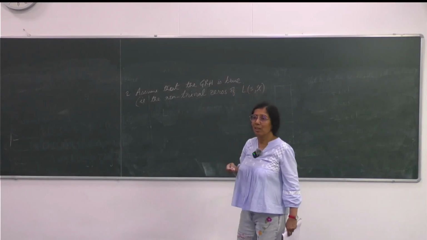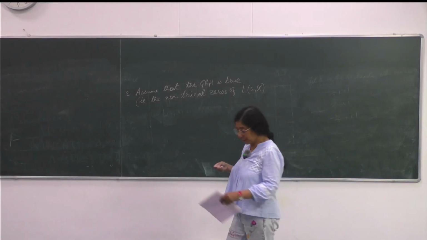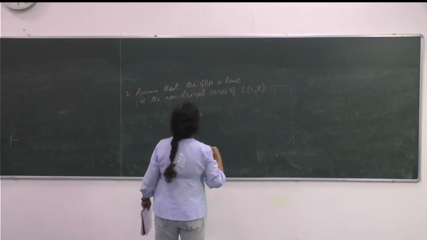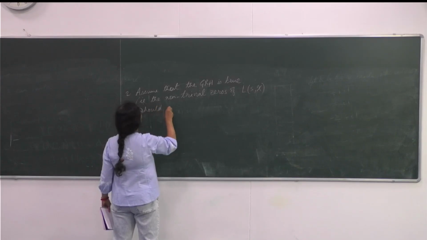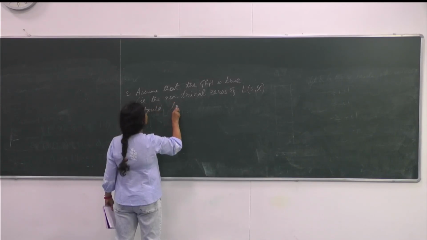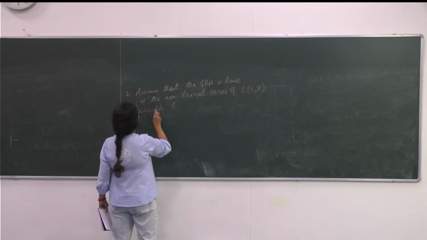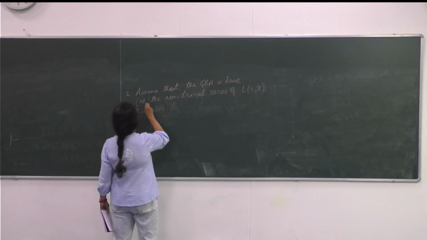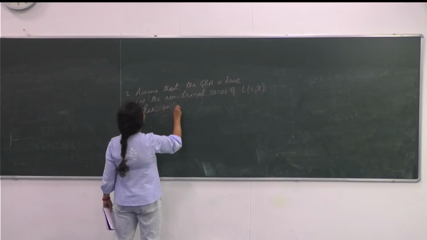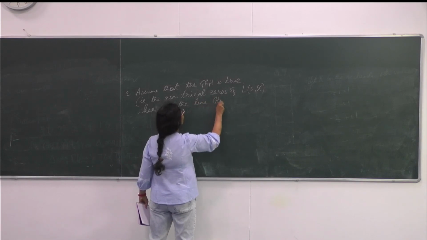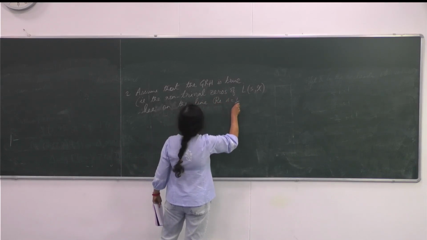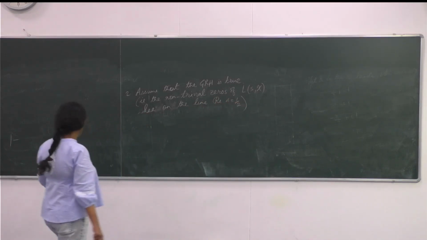Where should they be? Not should, they do, because I'm assuming it to be true. They lie on the line real s equal to half. Okay, assume this to be true.